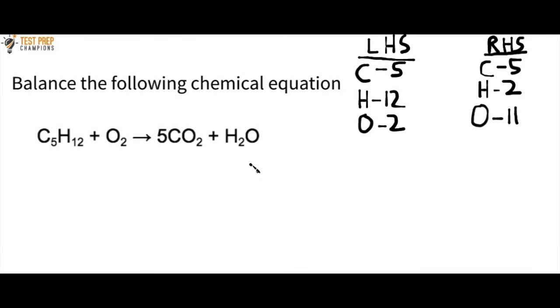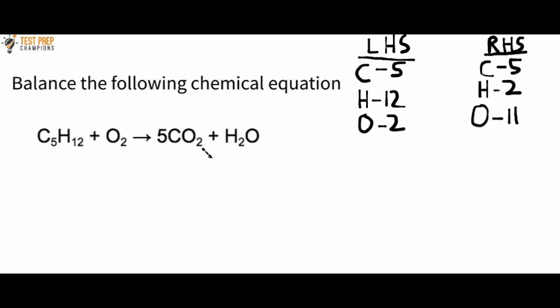That's really the most important thing to know about balancing before we even jump into the question. You have to understand the rules of the game, and the rules are that the coefficients out front here, you can change. These little numbers called subscripts, you can't change those. And I don't care if you remember that these are called coefficients and these are called subscripts. Just remember the numbers out front, you can change. The little numbers here, you can't change.